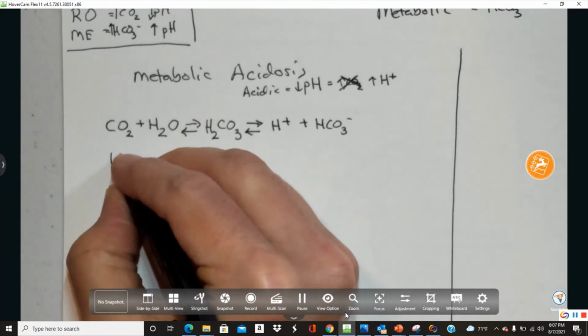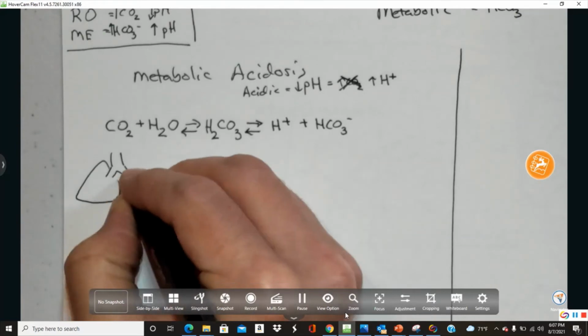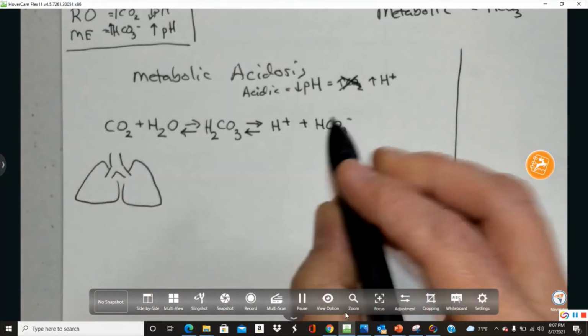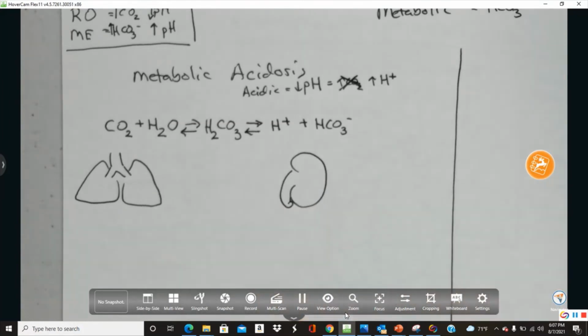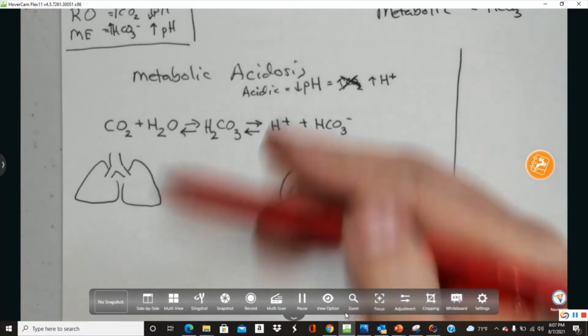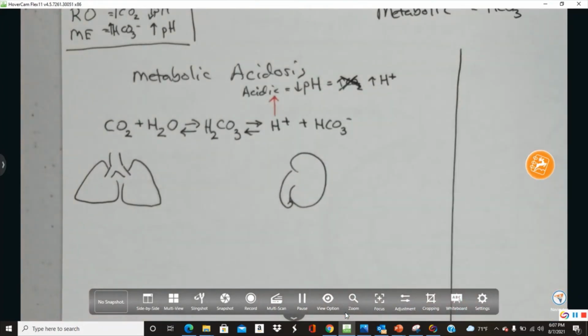What I'm going to do now is zoom in here and make sure that we put our lungs here with CO2 always. Make sure that we put our kidneys under here so we know what's going on. Now, biochemically, we know that we have elevated hydrogen ion. That's the cause, high levels of hydrogen.